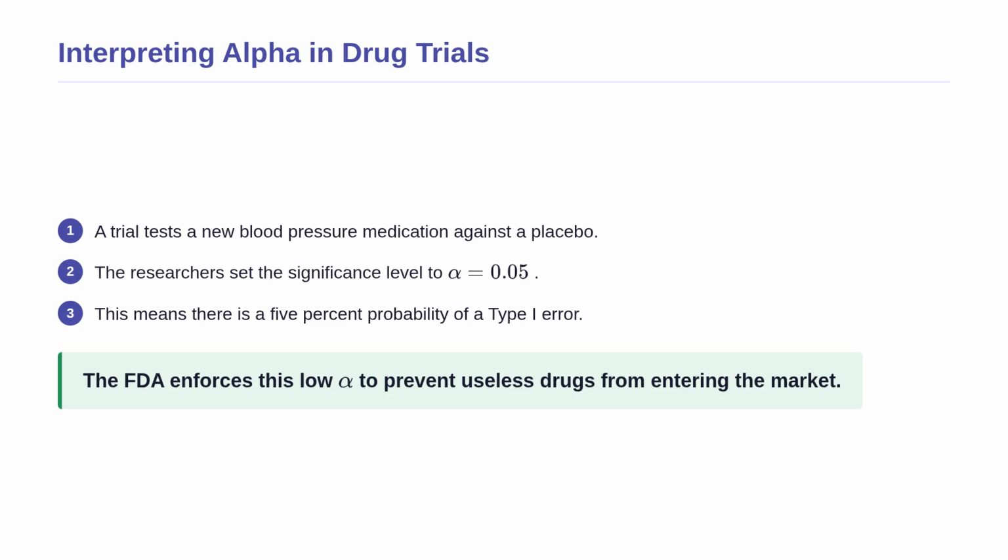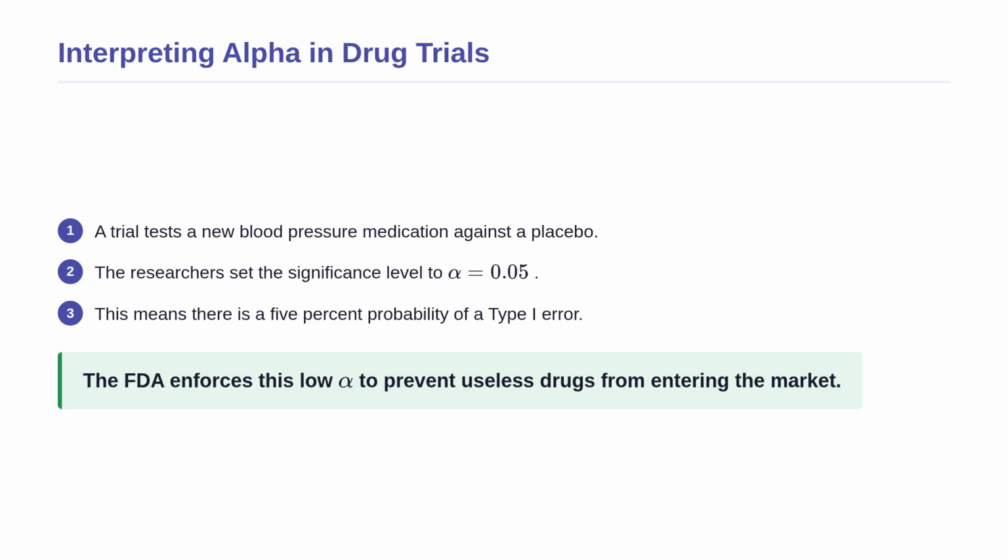Let us apply this formula to a concrete example. Imagine a pharmaceutical company is testing a new blood pressure medication against a placebo. The researchers set their significance level, alpha, to 0.05. What does this actually mean? It means they are willing to accept exactly a 5% probability of committing a type 1 error.